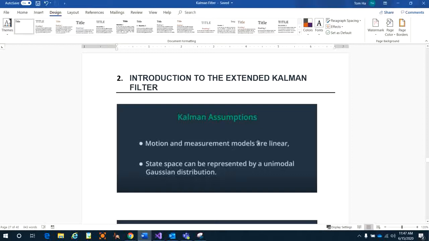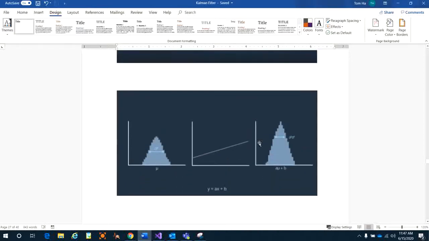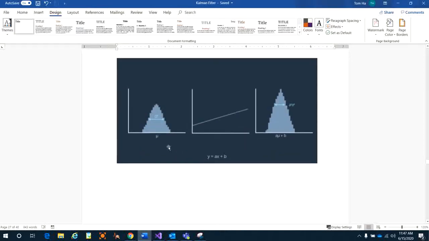So right here, for example, you have the prior state as a Gaussian, with the mean and the covariance, and this distribution undergoes a linear motion, x equals Ax plus B. The posterior state right here is Gaussian too, right?